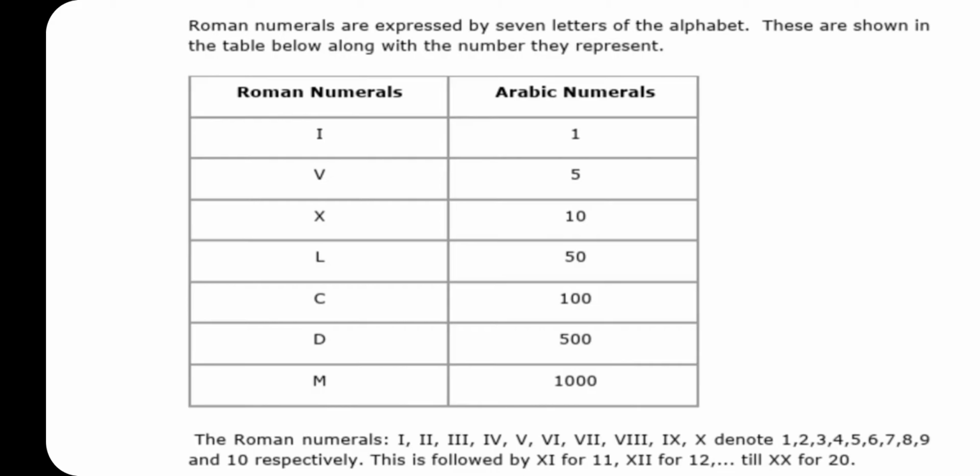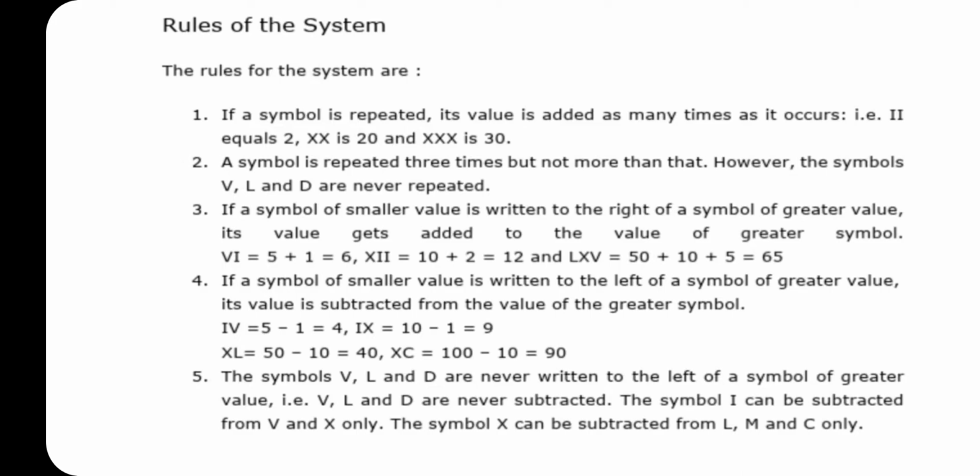This is followed by X with single I for 11, X with double I for 12, till double X for 20. As you might have seen earlier, Roman numbers are written in a particular order.